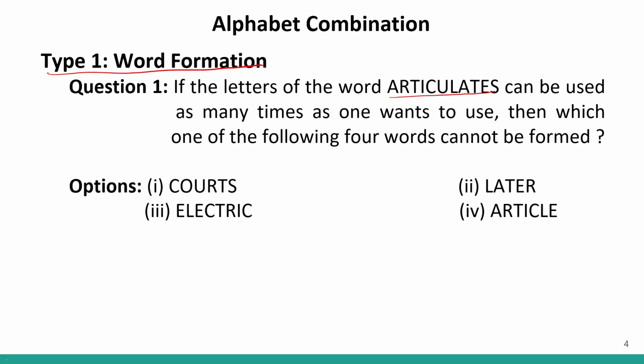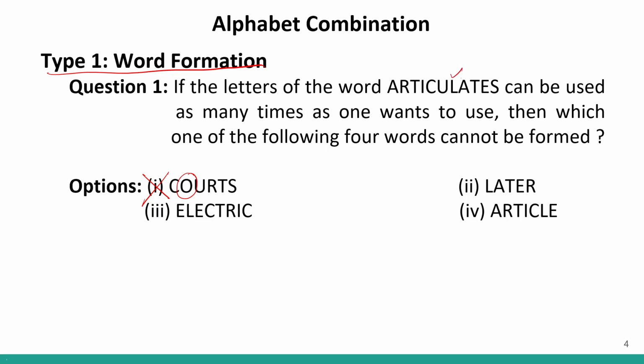We have to find that. If I look at COURTS, we have C, we have U, we have R, we have T and we have S, but we do not have O. So we cannot form this word using the alphabets of ARTICULATES. Let us check for others also.